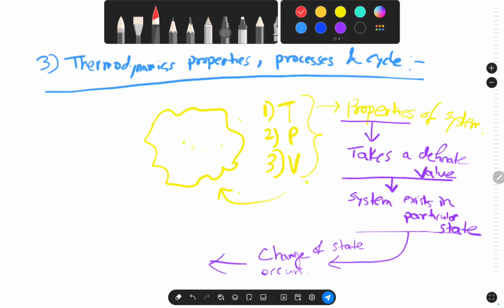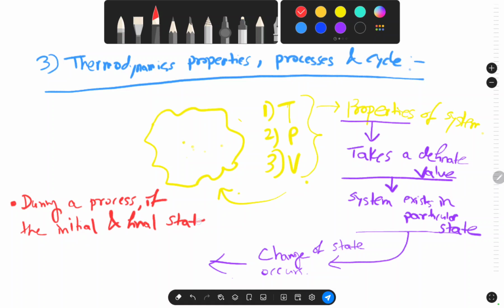So during a process, if the initial and final states are equal, then we say the system undergoes a thermodynamic cycle.